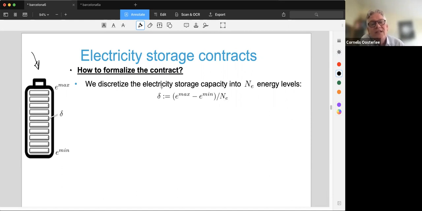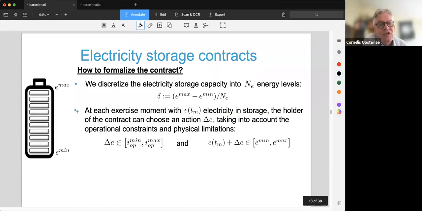So we discretize the electricity storage capacity into NE energy levels. Now at each exercise moment, with E at Tm electricity in storage, the holder of the contract can choose an action delta E. But the holder should take into account operational constraints and physical limitations.